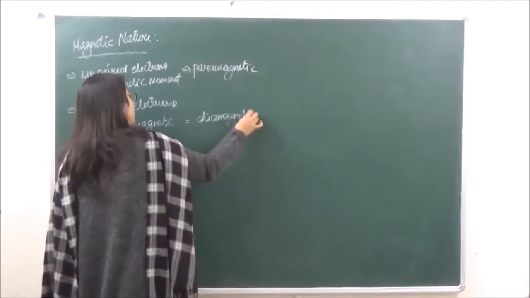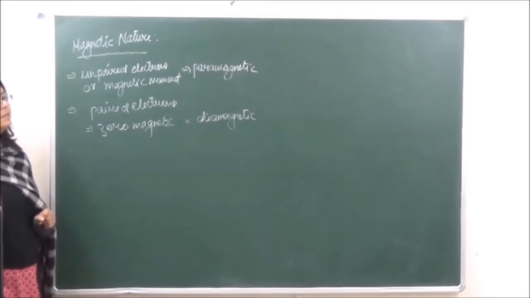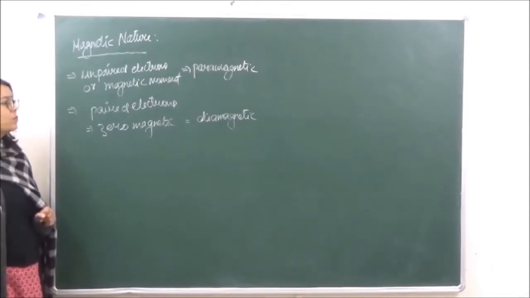Now what does diamagnetic mean? Diamagnetic means that they are going to be repelled by a magnetic field. The spin of one is cancelled by the spin of the other, right? We have done this in detail in the d block.